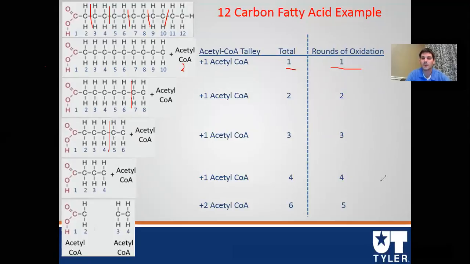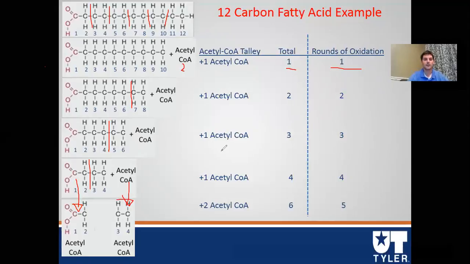That's our 4th acetyl-CoA and our 4th round of oxidation. Last but not least, when we chop this off, we get our acetyl-CoA, but you'll notice this is already a 2-carbon backbone, so this just goes right here. We don't need an extra round of beta oxidation to do that. So we produce 2 acetyl-CoA in this step, for a total of 6, but our rounds of beta oxidation are only 5.